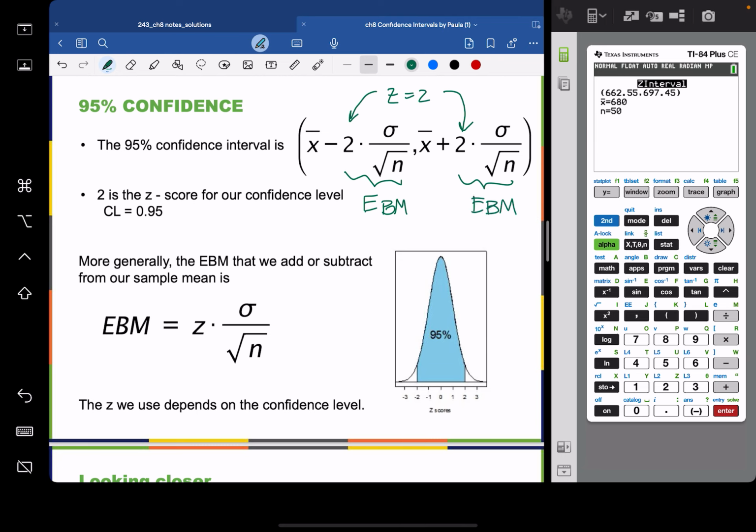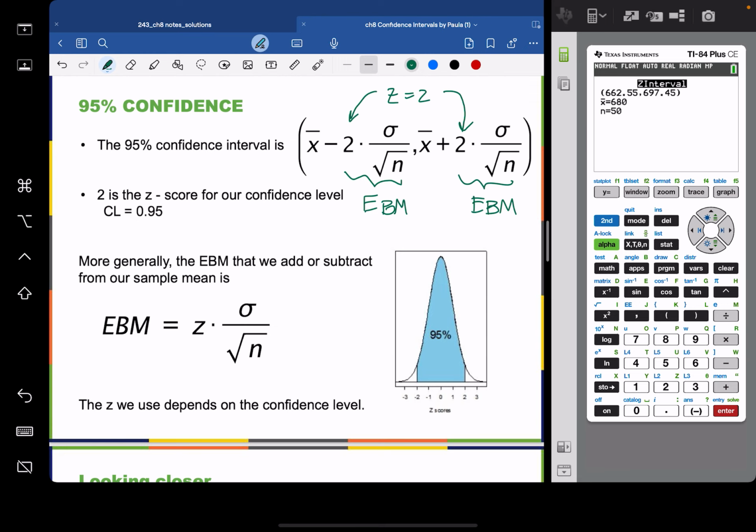So 2 is the z-score for our confidence level. And EBM is z sigma over root n. So you're going to want to have all of these important reminders on your notes sheet. And I know you're going to copy them from your notes worksheet that you're doing this week onto your notes sheet for the test.